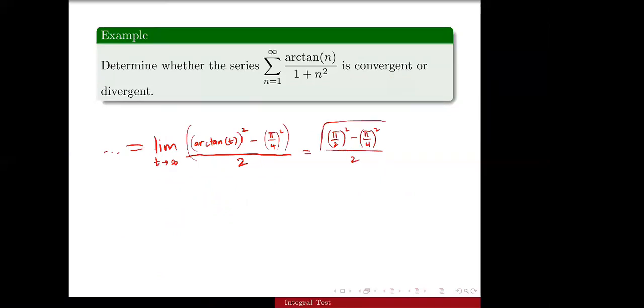So you can write the final answer like this if I ask you to evaluate a certain improper integral. But the point in here is that the improper integral from 1 up to infinity of arctan of x over 1 plus x squared dx is convergent.